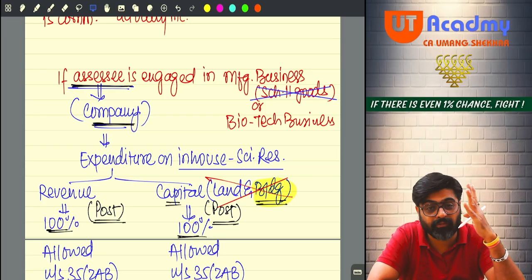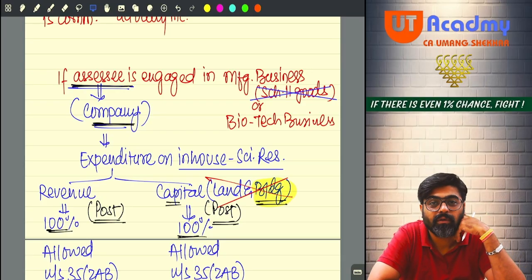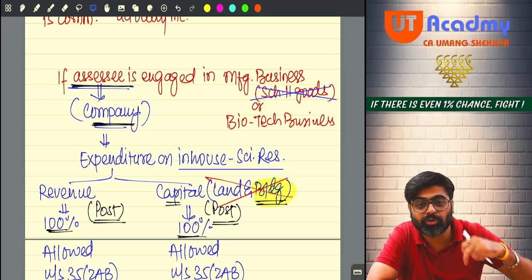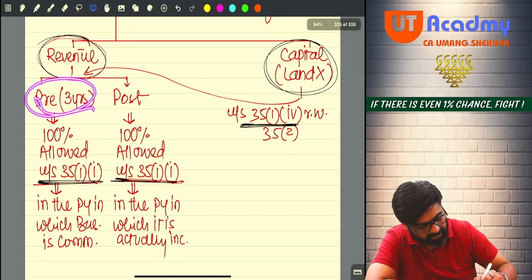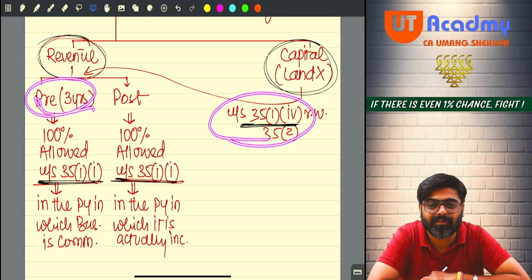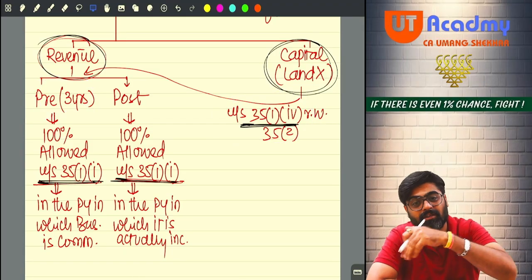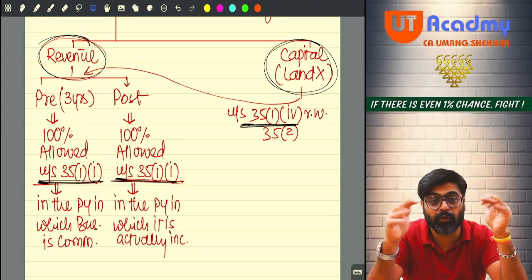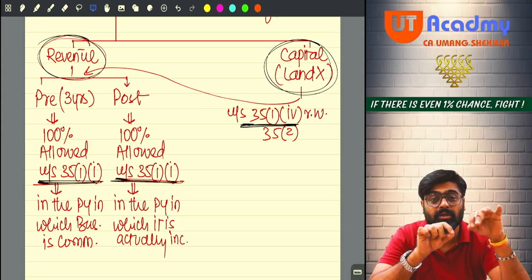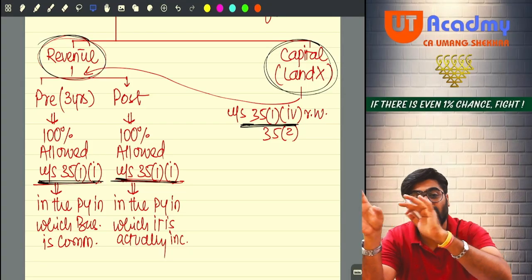For that 150% was not allowed. But that used to be claimed here. Pre-commencement revenue expenditure was also allowed and pre-commencement capital expenditure was also allowed fully, but which was incurred within 3 years prior to commencement.